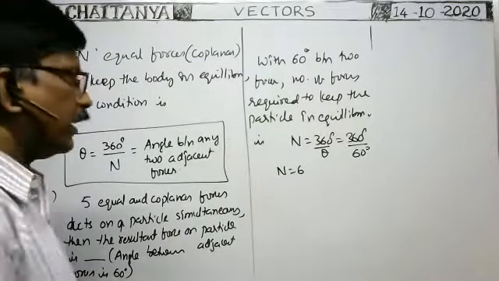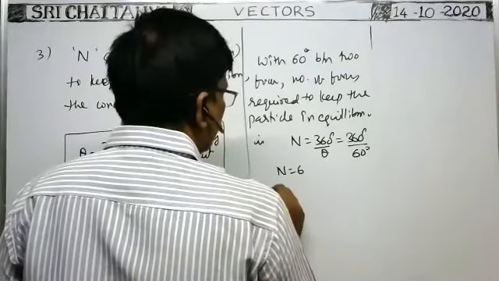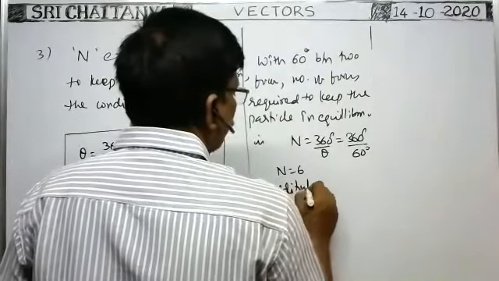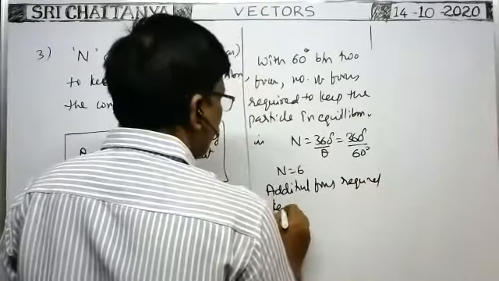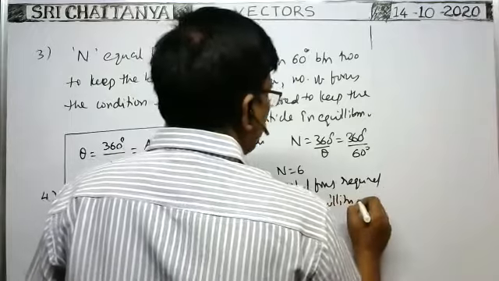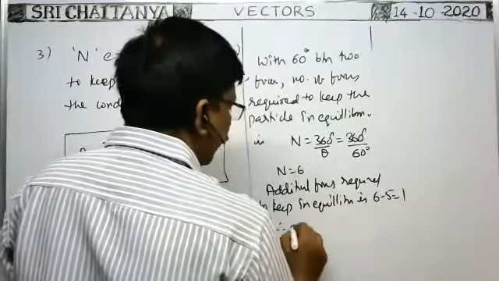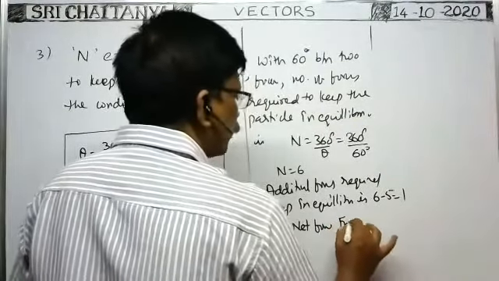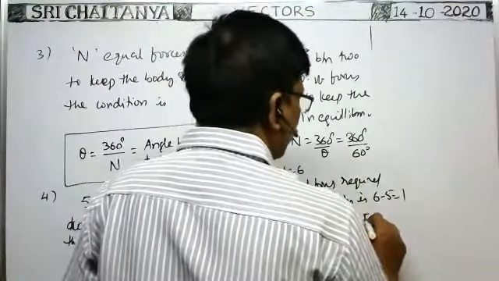Therefore, the additional forces required to keep in equilibrium is 6 minus 5, that is equal to 1. Therefore, net force is equal to the resultant of only one force, means F only. Net force is equal to F.